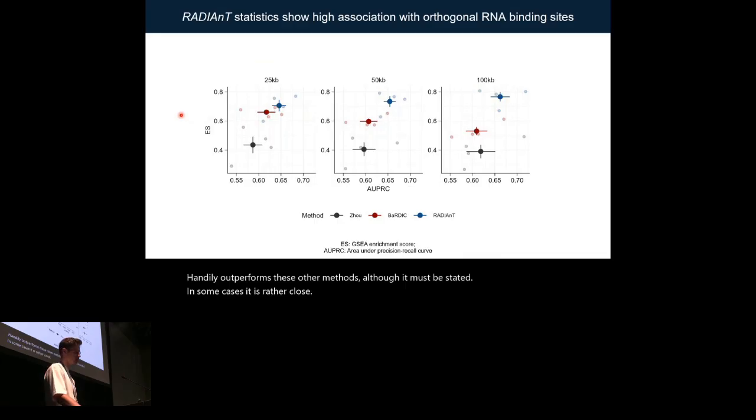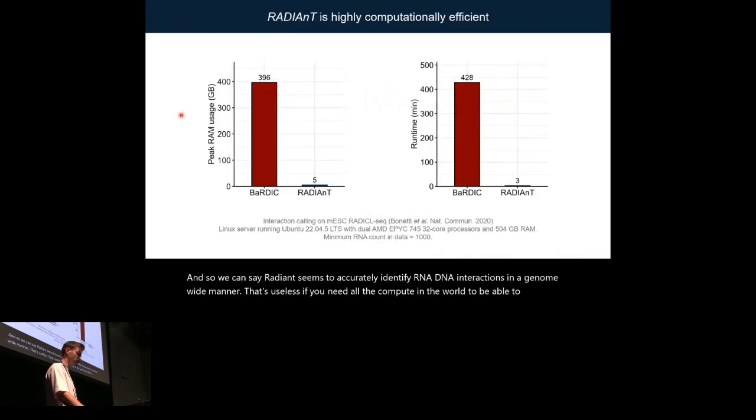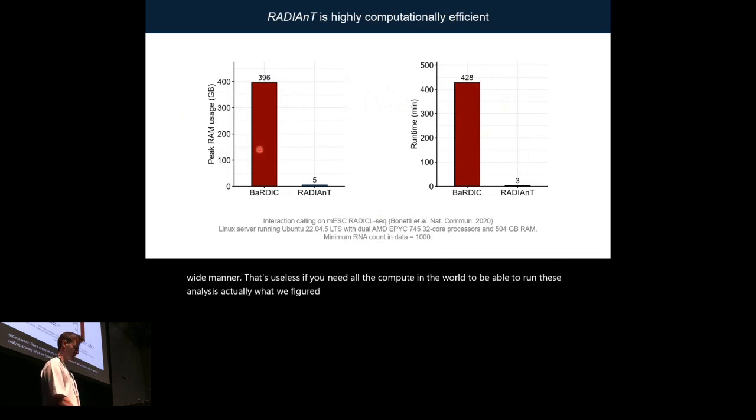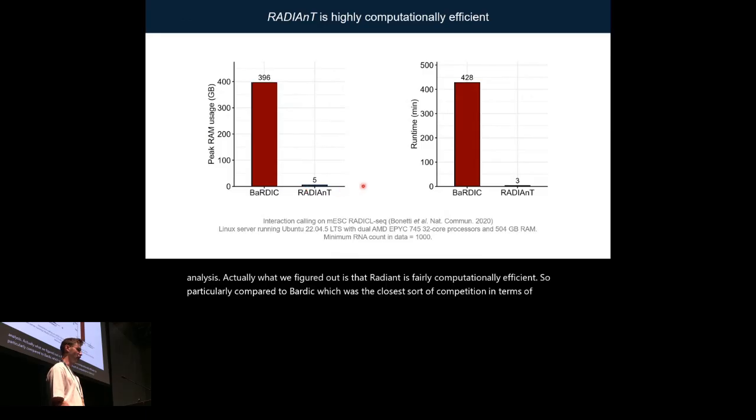And so we can say Radiant seems to accurately identify RNA-DNA interactions in a genome-wide manner. That's useless if you need all the compute in the world to be able to run these analyses. Actually, what we figured out is that Radiant is fairly computationally efficient. So particularly compared to BARDIC, which was the closest sort of competition in terms of performance, you can see that actually you can run Radiant interaction calling on a local machine relatively quickly.